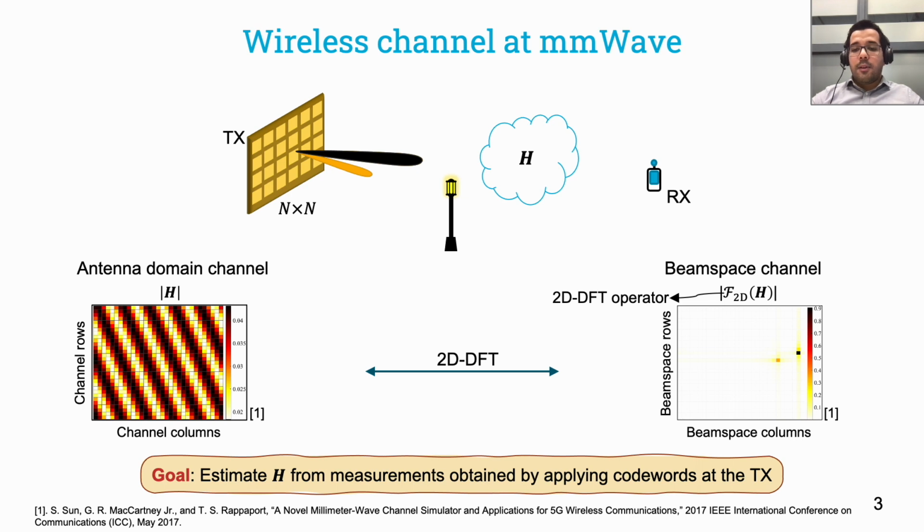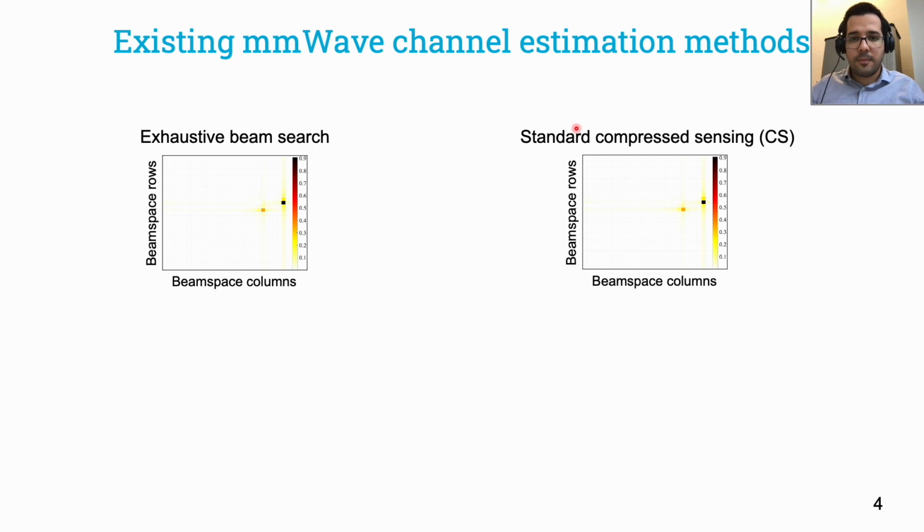Now, let's have a look at two common ways to find these directions. On the one hand, we have exhaustive beam search, where the transmitter scans all the directions to find the best direction. That is, the transmitter sweeps through each and every direction in sequence using a very narrow beam.